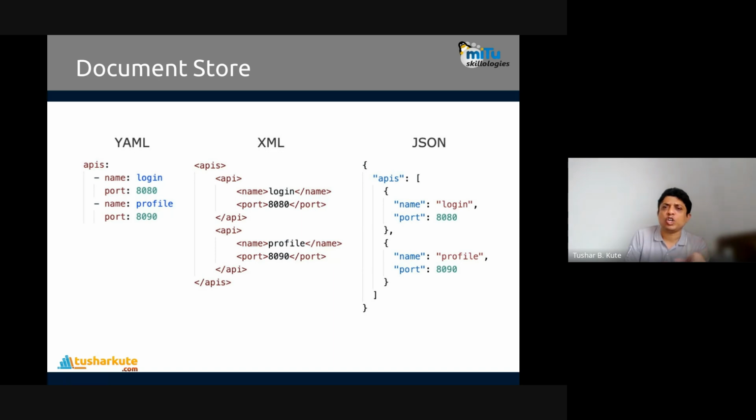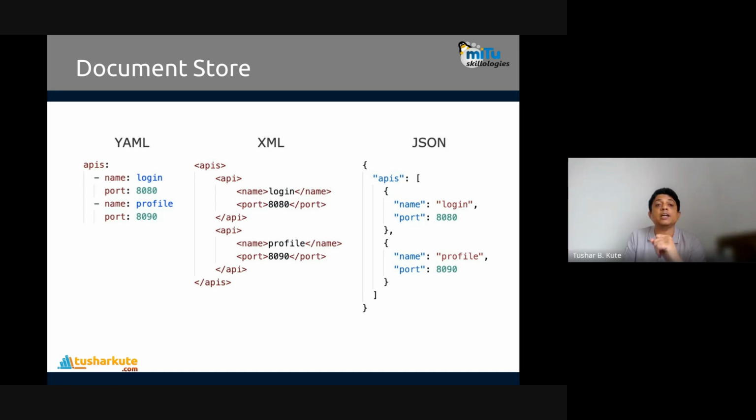And one more thing, it's not compulsory that everyone should have the same structure. If my table name is APIs, then my columns are name and port: login 8080, profile 8090. That table is created, and it can be implemented in YML, XML, and JSON.